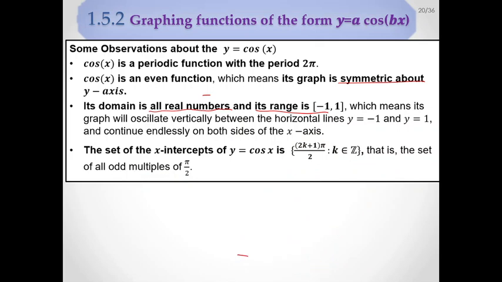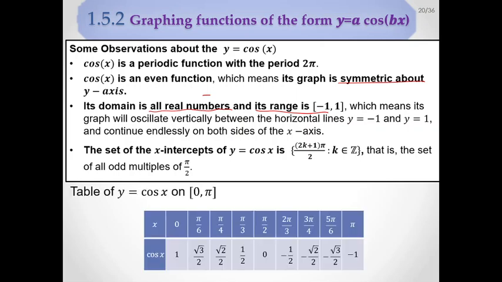After this, we can make the table by plotting some points. So let's first find the points. Now from 0 to pi, I will concentrate on 0 to pi first, and we know the values between 0 and pi. Here 0, it's 30 degrees, here it's 45 degrees and 60 degrees. These are the well-known angles, as you know.